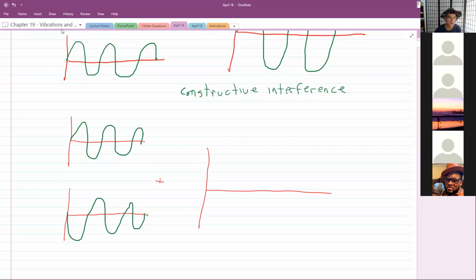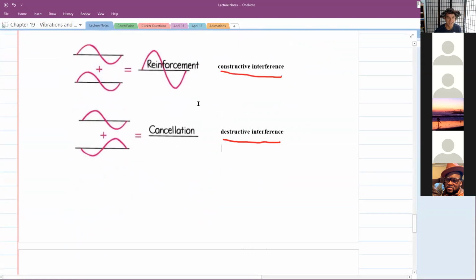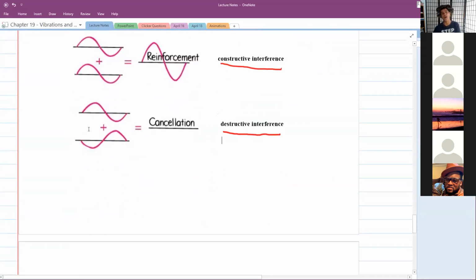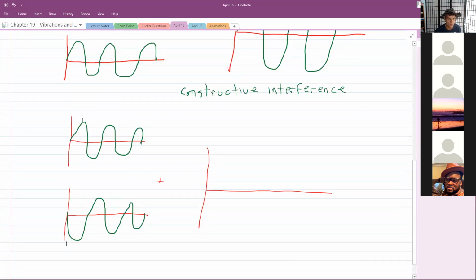What I'm trying to draw is this, that when one wave is at the maximum, the other wave is at the minimum. So like here, this one is at a maximum here, while this one's at a minimum here. This one's at a maximum here, while this one's at a minimum here.